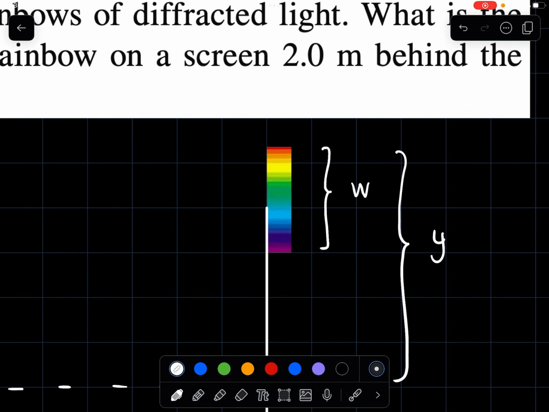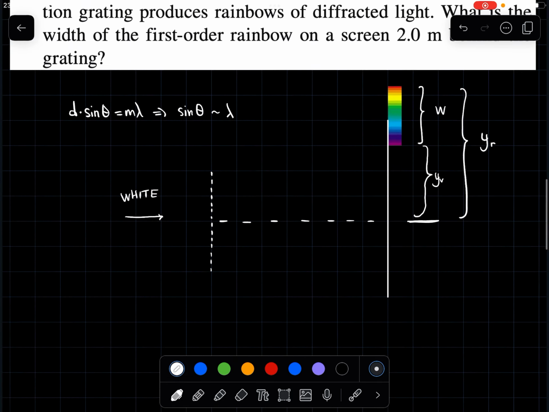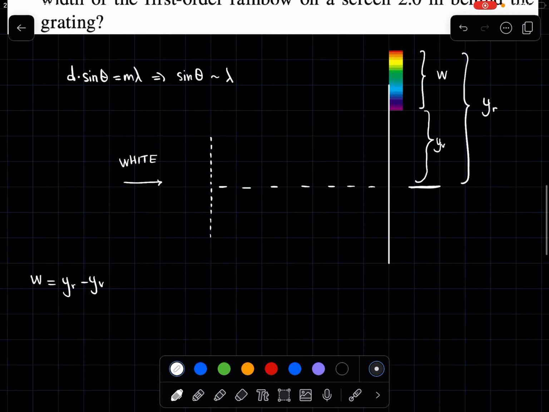We need to subtract from this y red the distance y violet, because here we see the first maximum of our violet. So to find the width we need to subtract y violet from y red.